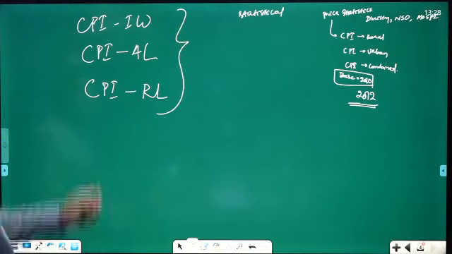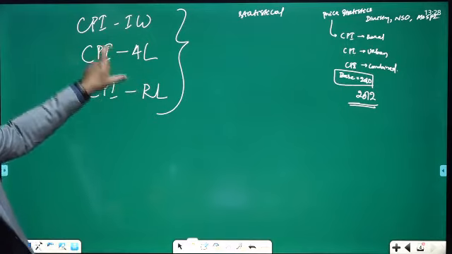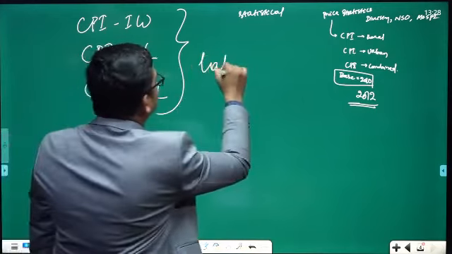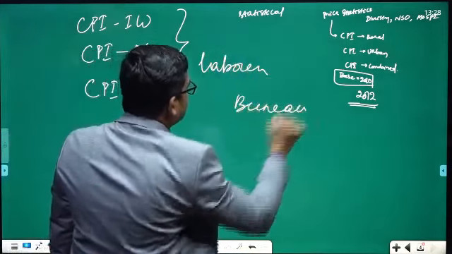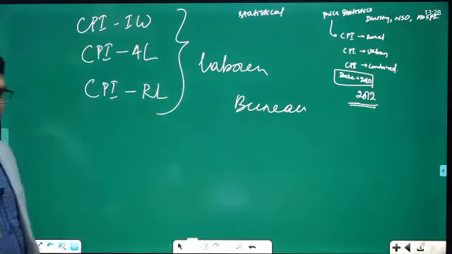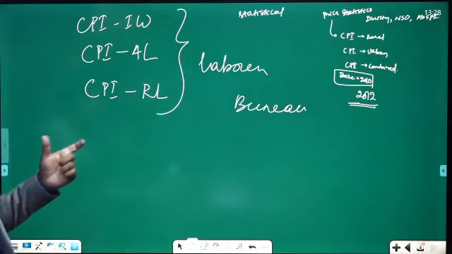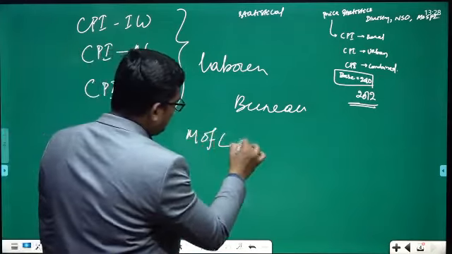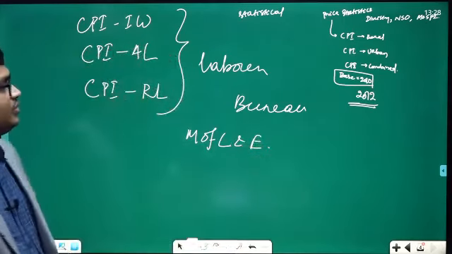These three, industrial worker, agricultural labor, and rural labor, are compiled by the Labor Bureau. You have to remember these because they ask in your prelims. This Labor Bureau comes under the Ministry of Labor and Employment.